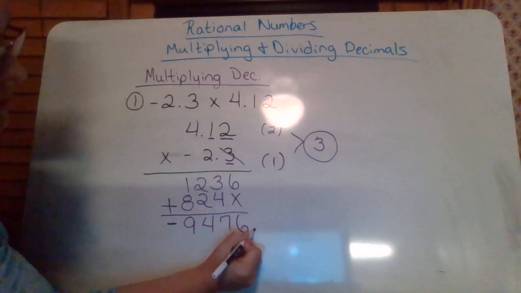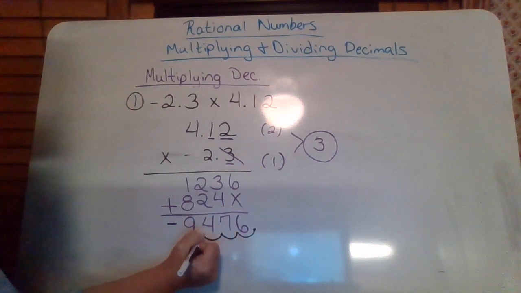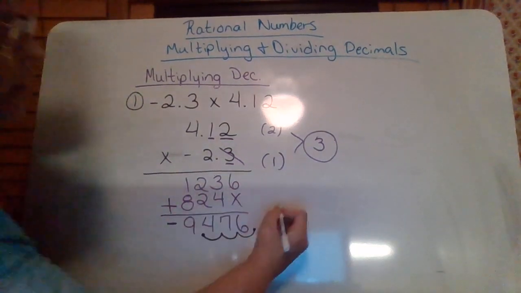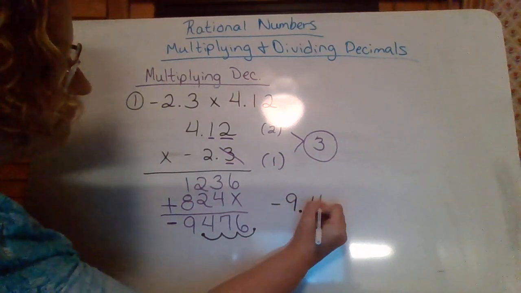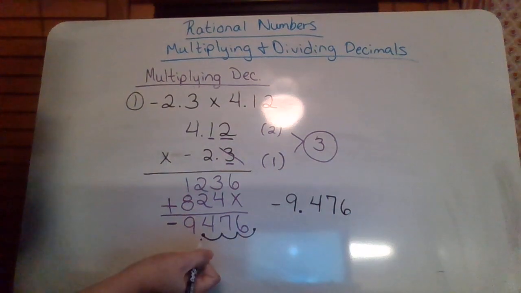So I'm going to take this decimal place and I'm going to move it 3 spaces to the left. So my final answer is negative 9.476. Okay?